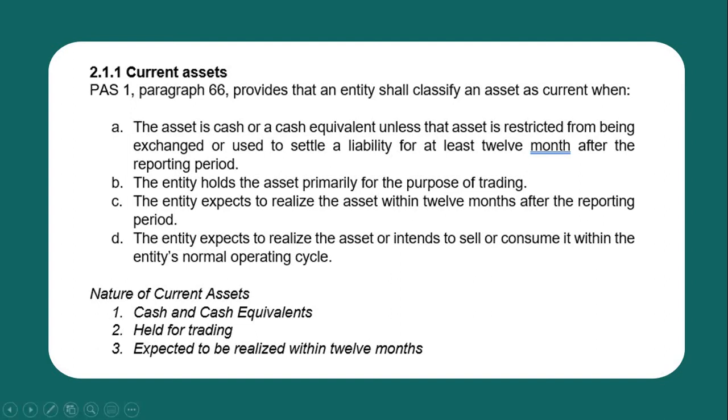Nature of current assets. Dapat cash and cash equivalents that are unrestricted. Otherwise, if it is restricted, then dili siya pwede current asset. Held for trading and expected to be realized within the 12-month period or the entity's normal operating cycle.